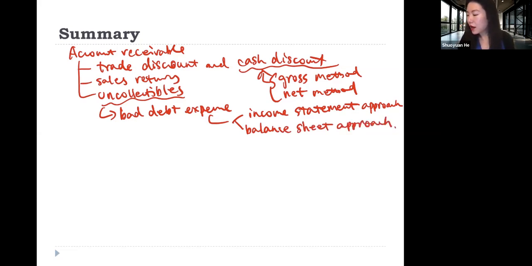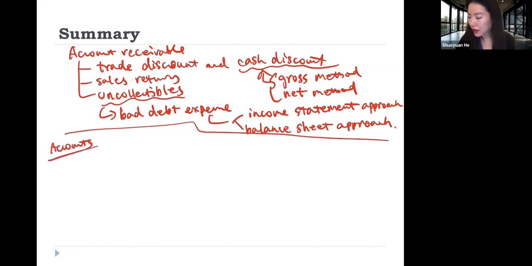And the specific accounts we covered regarding account receivable. So we covered several accounts here as well. On the balance sheet, we have account receivable. So we talked about allowance for sales return.